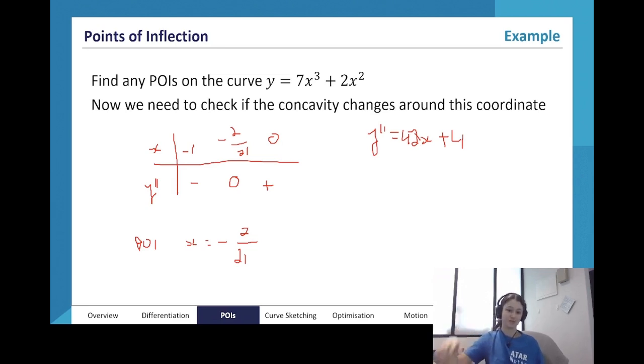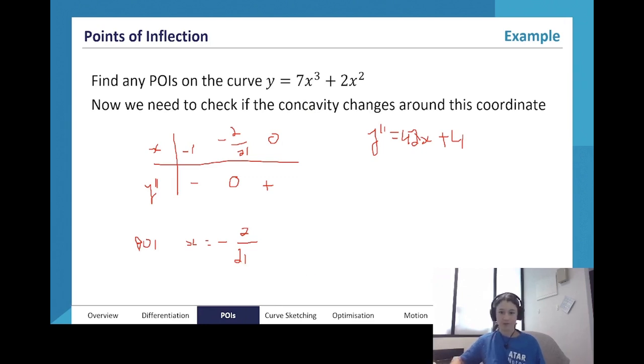You have to substitute it into the original function for y. That might seem very obvious, but I've done that many times, and I did really well in methods. So make sure you're subbing your x value into the y function, not one of the derivative functions.